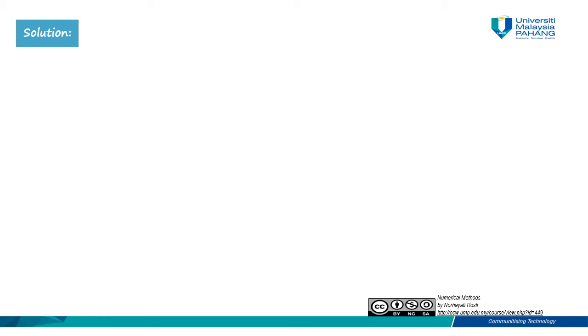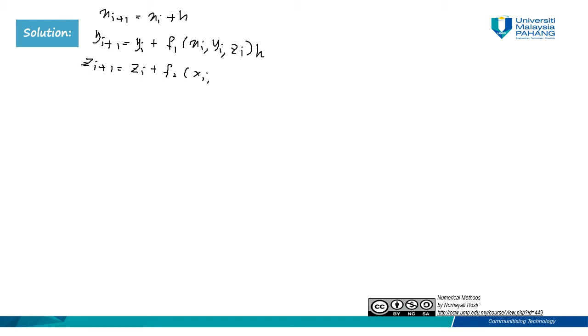Now let's start with the solution. First of all, the Euler formula for the system: x i plus 1 is equal to x i plus h. y i plus 1 is equal to y i plus f1 of x i, y i, z i multiplied with h. And z i plus 1 is equal to z i plus f2 of x i, y i, z i multiplied with h.